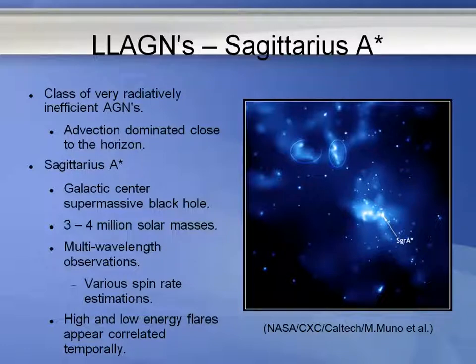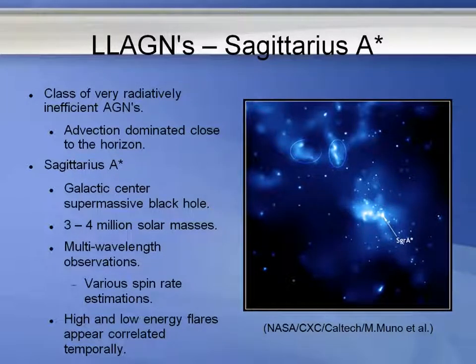The most famous and well-studied of the low luminosity AGNs is Sagittarius A Star, which is our galactic center. It's located about 8 kiloparsecs away, several million solar masses, so definitely a supermassive black hole, as we would term it. We have a number of multi-wavelength observations on it.